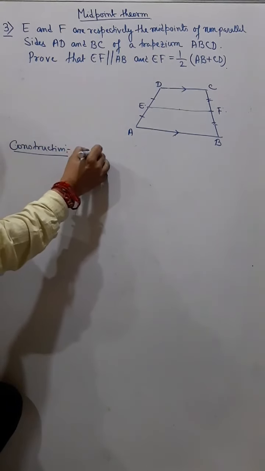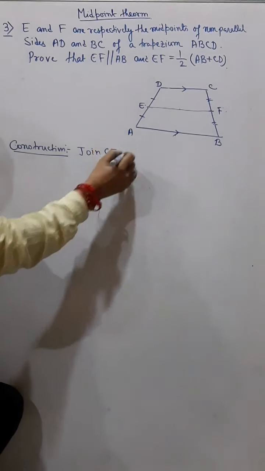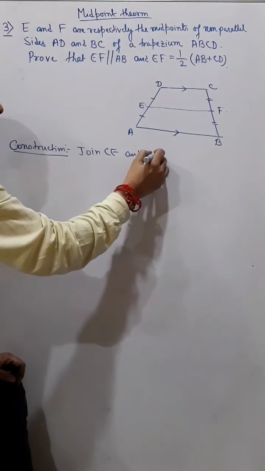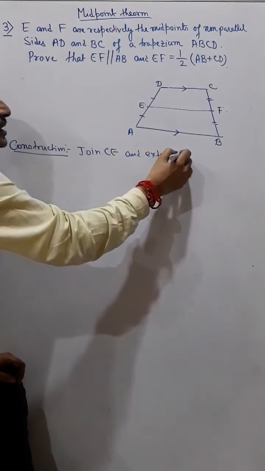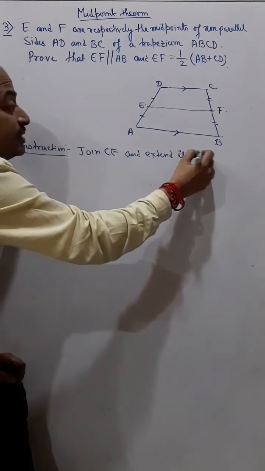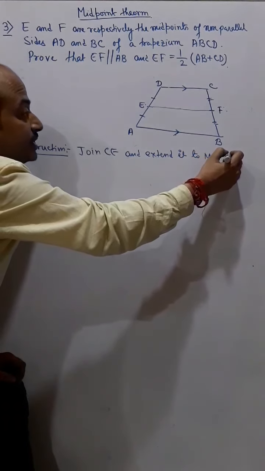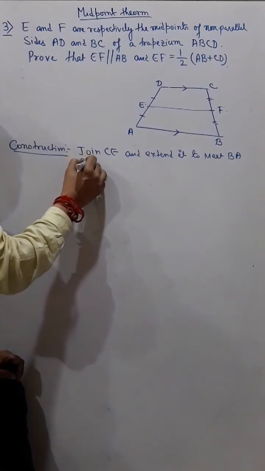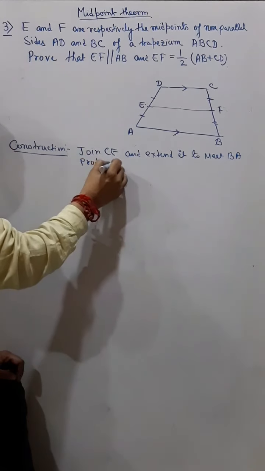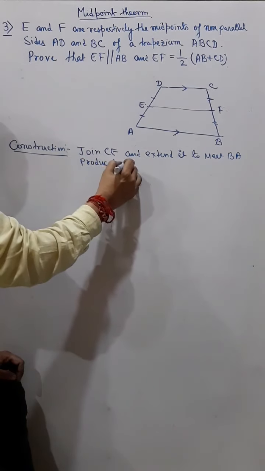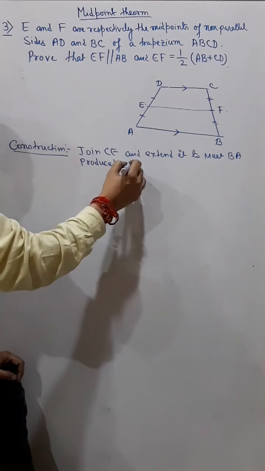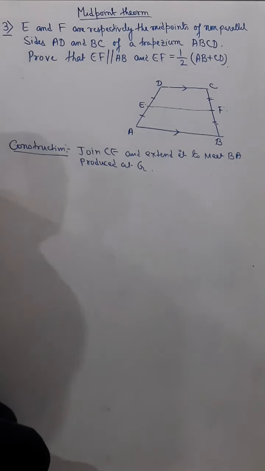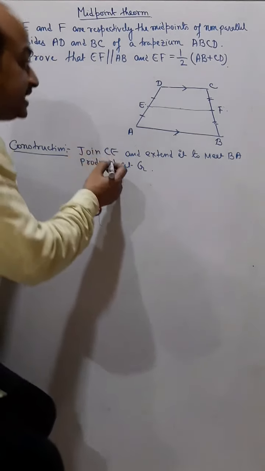Join CE and extend it to meet BA produced at G. What they told, join CE.